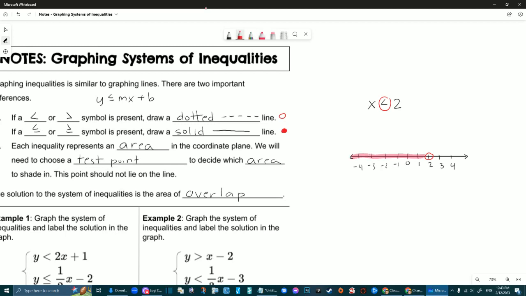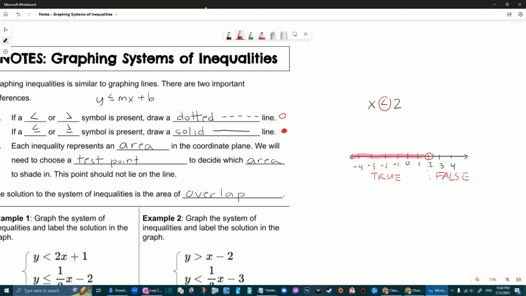What I've done is divide my number line into a region where the inequality is true: 0 is less than 2, minus 3 is less than 2, 1.99 is less than 2, and regions that are false: 2 is not less than 2, 4 is not less than 2, 100 is not less than 2.